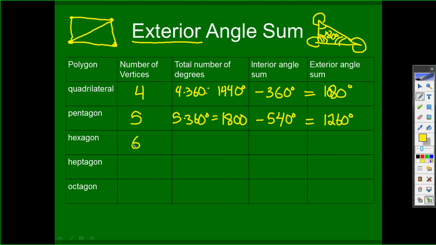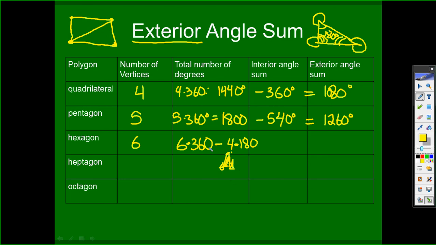The hexagon is the same way. And I'm going to go ahead and write all of this in one long formula starting here, just so you can see how I can put this all together at once instead of doing it in steps. I can take the 6 vertices, multiply it by 360, and then I can subtract away 4 times 180. And I came up with 4 by just mentally saying the number of sides minus 2.